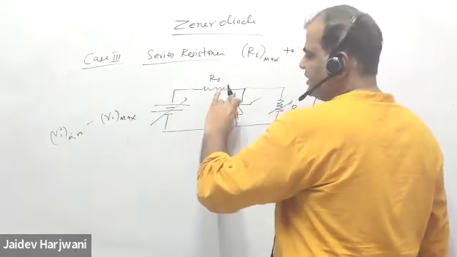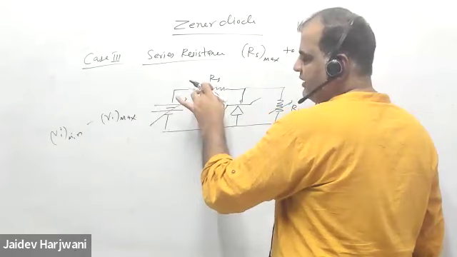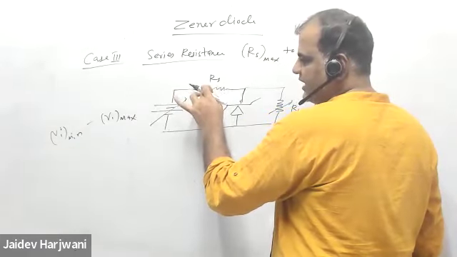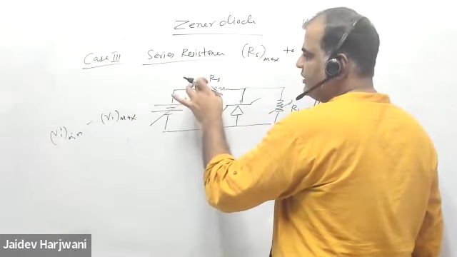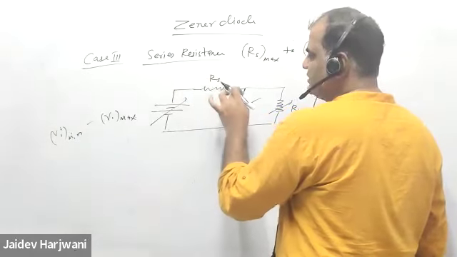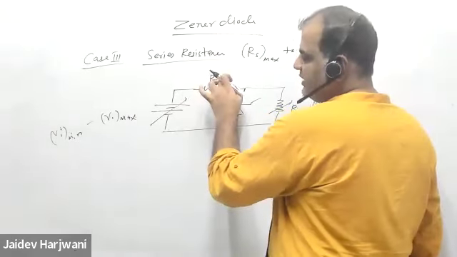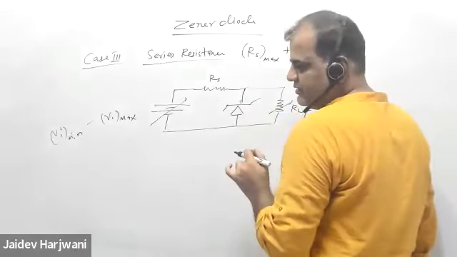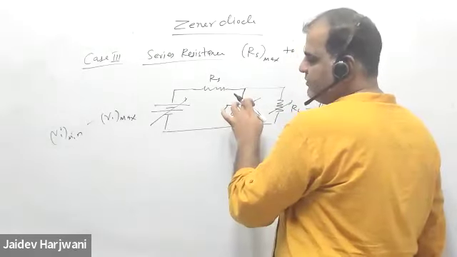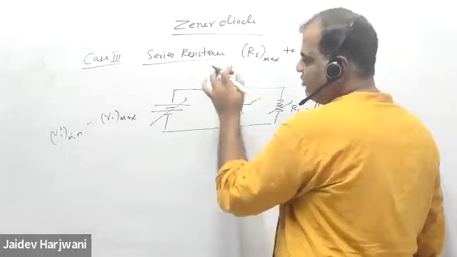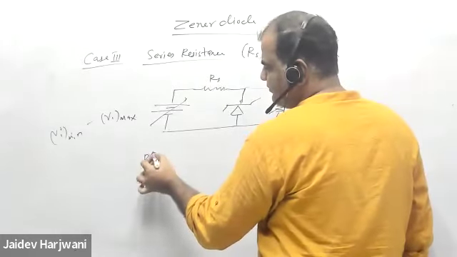And now this is conducting. Now if I keep on decreasing R, my current will keep on increasing, and this current will keep on increasing. And there is a minimum value of R for which this becomes greater than IZ max. So I want to find the RS minimum.